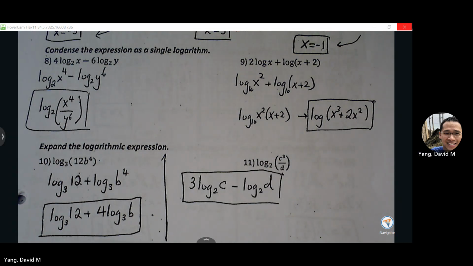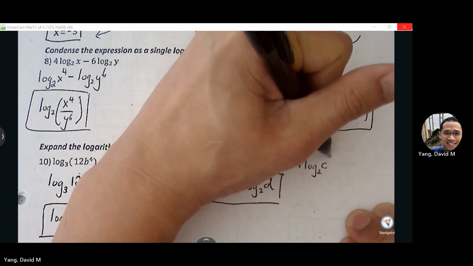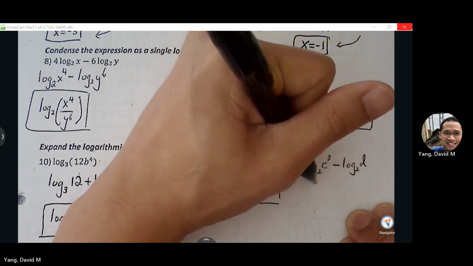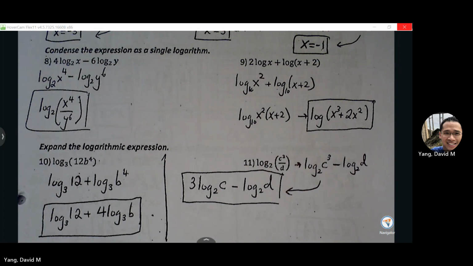And then once you separate, then the exponent can come down within that first term. Okay, any questions? First page?